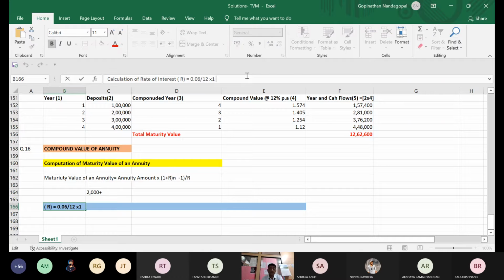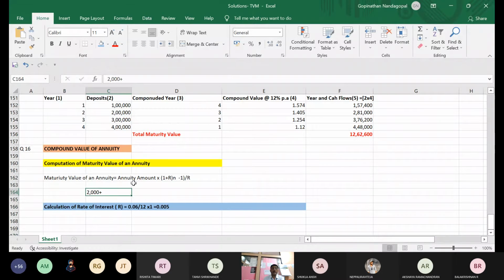How much do you get? 0.005. Am I right? Yes, sir.